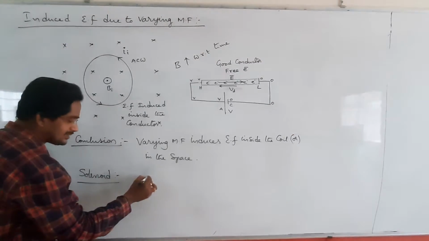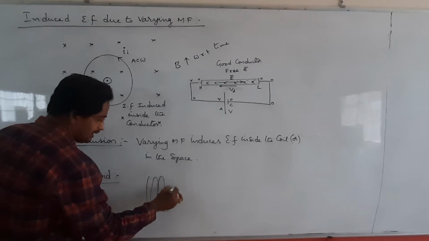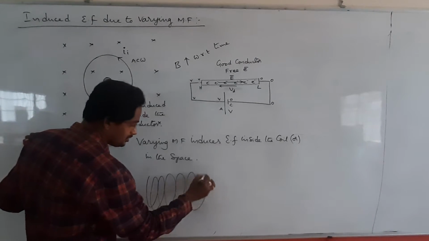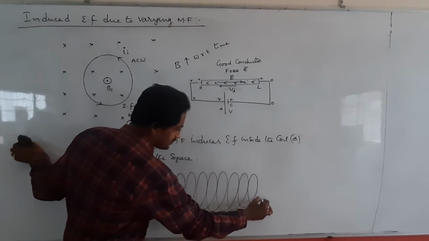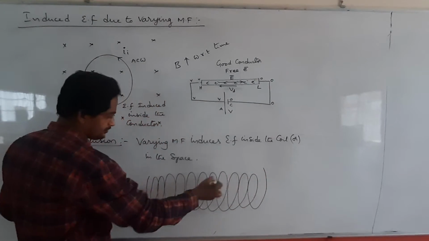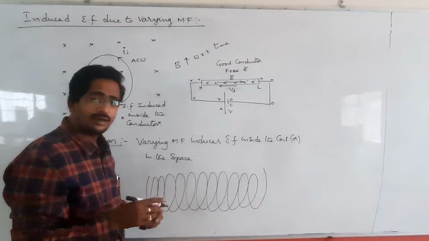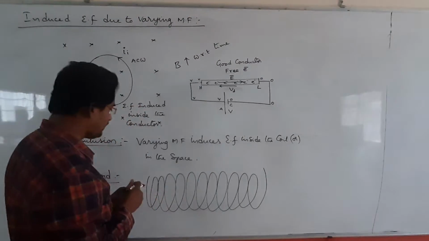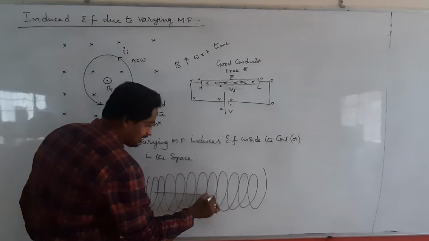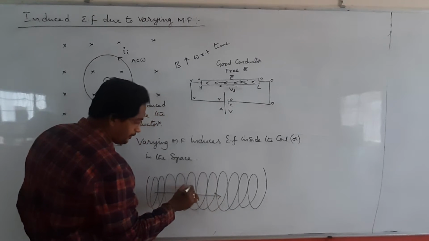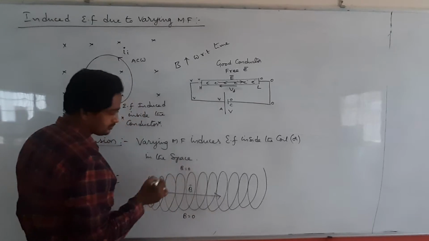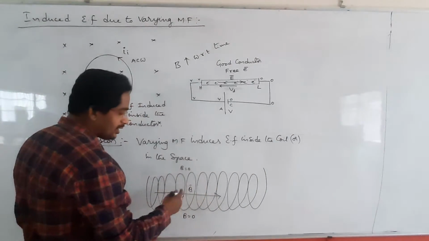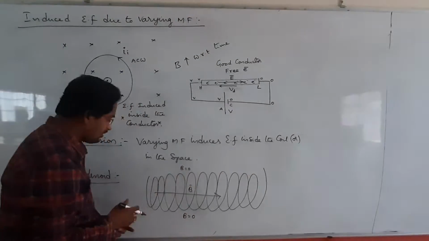A solenoid is nothing but a cylindrical wire, a wire wound around a soft iron cylinder, or you may take simply a coil, also called a solenoid. Already studied well about it. Here the B direction is along the axis inside. B outside is 0, here also 0. The B is present only along the axis.